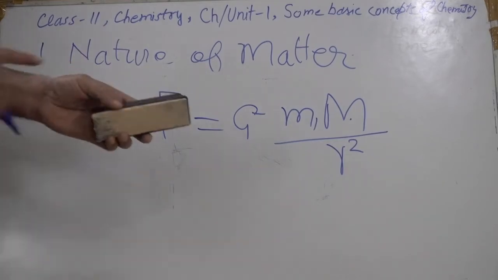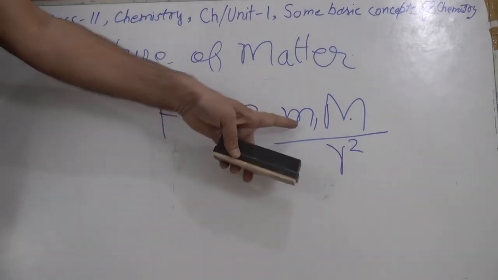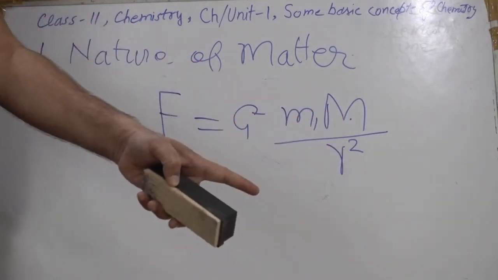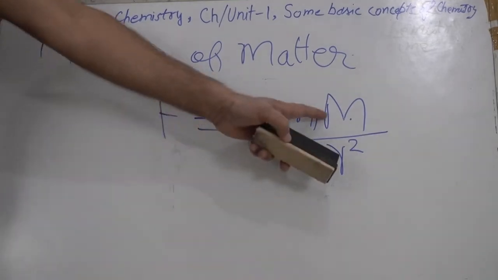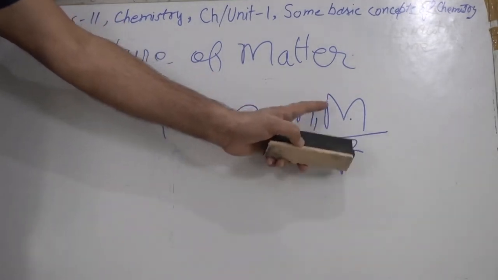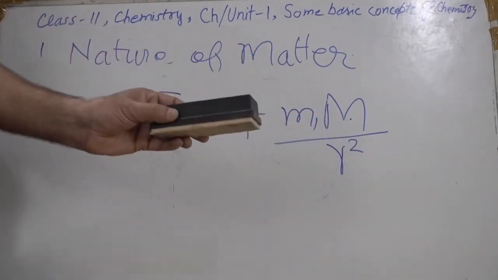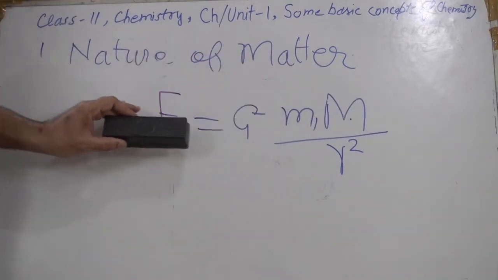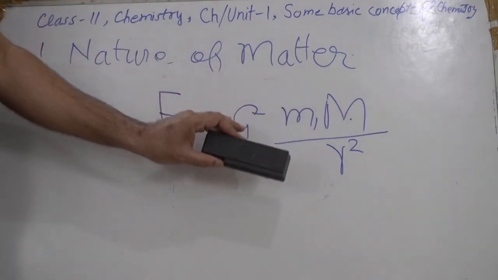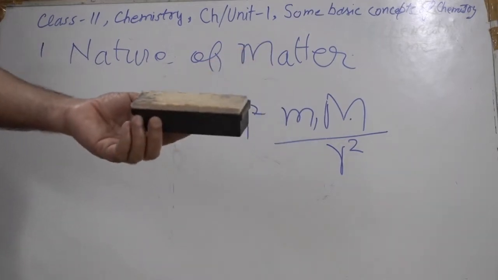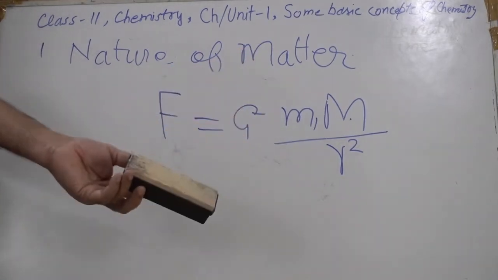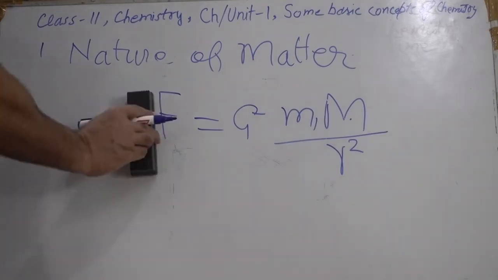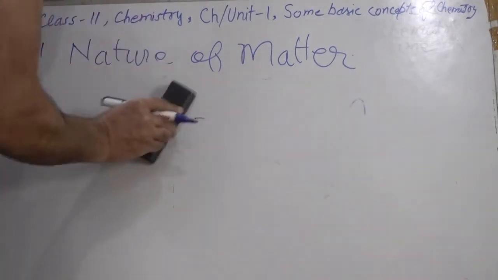The weight depends on the mass of this object and also the mass of the second object or celestial body, and also the distance of their separation. While its mass is independent of all these parameters, it remains the same wherever you carry it. I hope the difference between mass and weight is clear to you.